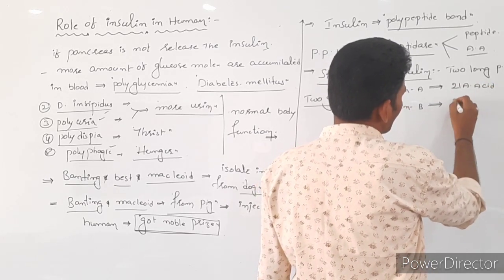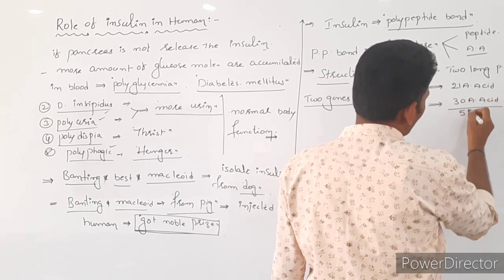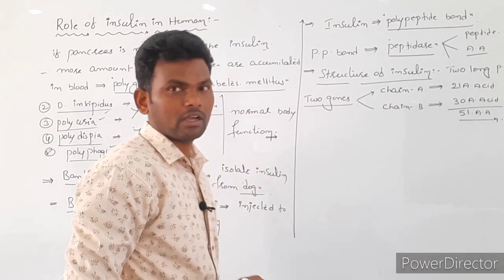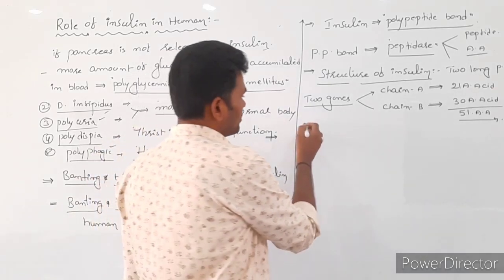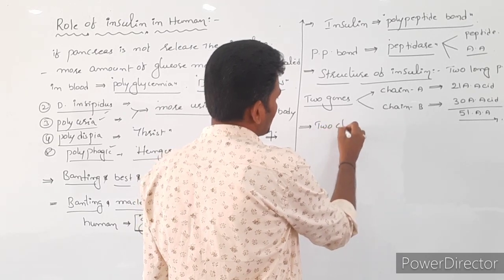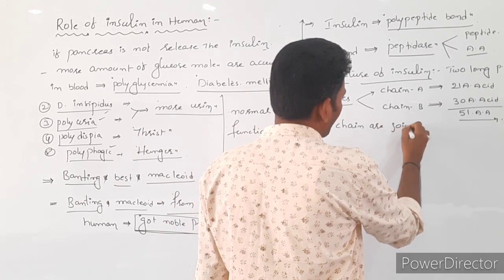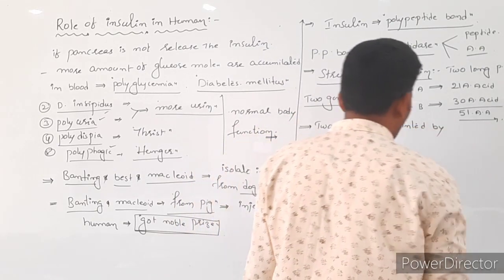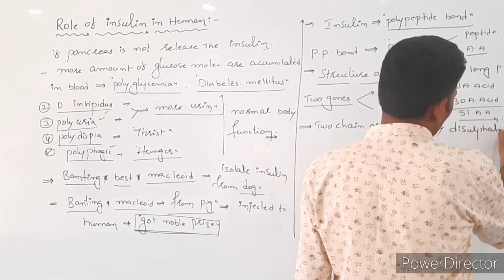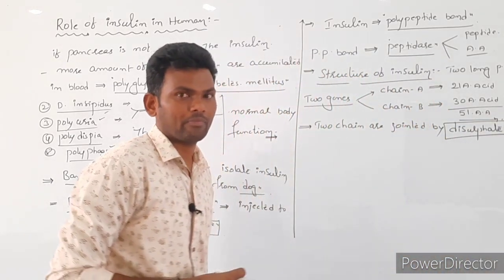Chain B is a combination of nearly 30 amino acids. Altogether 51 amino acids are present in one effective insulin. These two chains are joined by disulfide bonds. Then only active insulin is formed.